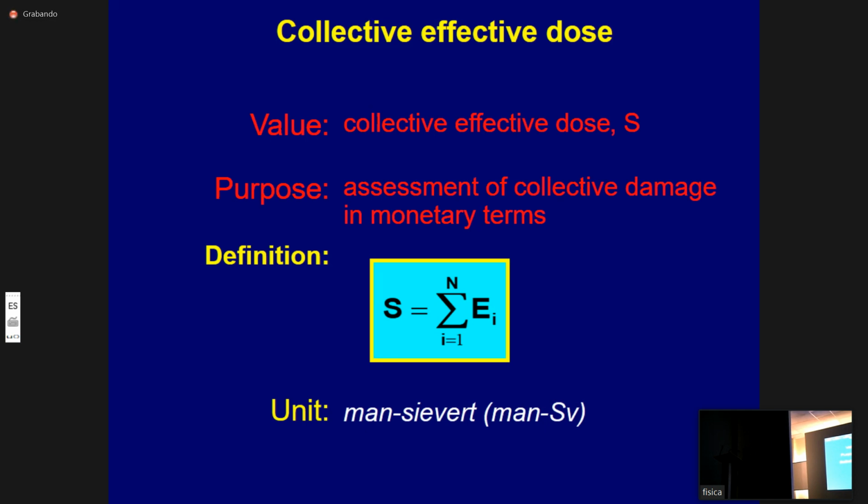The unit of collective effective dose is man-sievert, man multiplied by sievert. Generally, the collective dose is related to a specific practice and the period of time during which that activity results in exposure of a specific group of people.